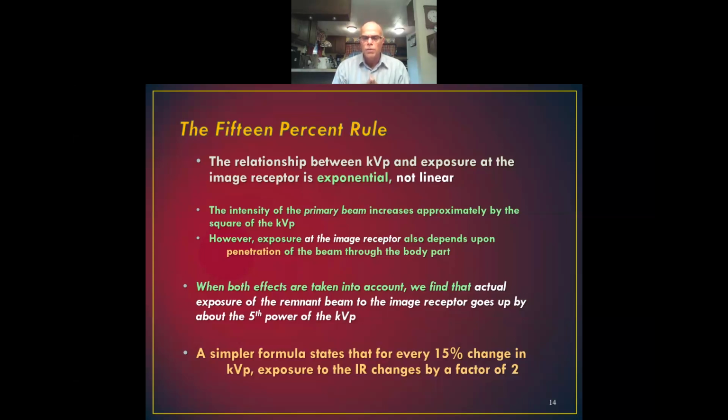But I do want you to understand that there are two types of increases in x-rays, because as we increase our kVp, the actual primary beam increases. The number of x-rays increases in the primary beam, and it also increases in the remnant beam.